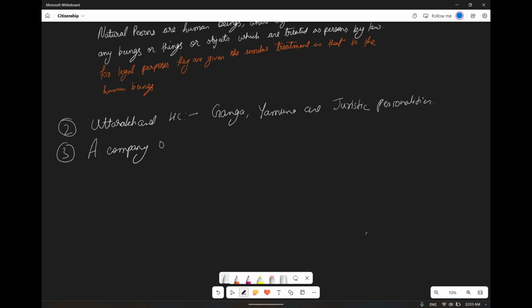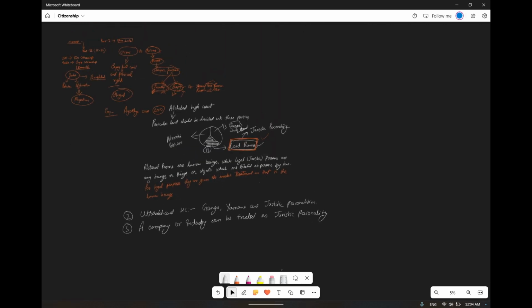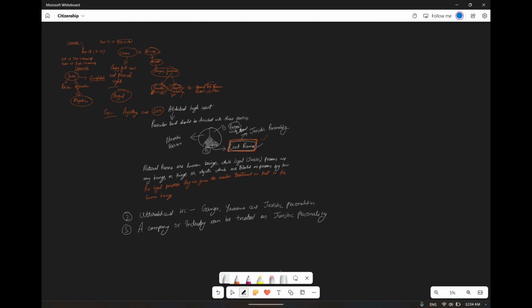Even a company or industry can be treated as a juristic personality. Okay, so now you have understood what exactly a juristic personality is. This is another term that we should understand in the aspect of citizenship. Within citizenship, human beings are given that he is a person of India, he has citizenship of India.